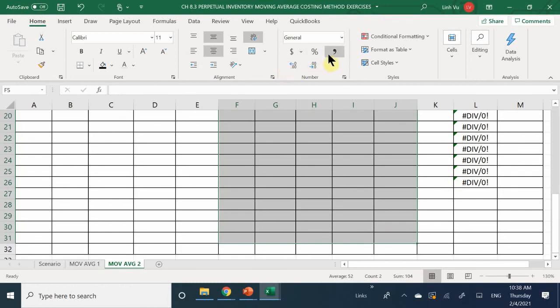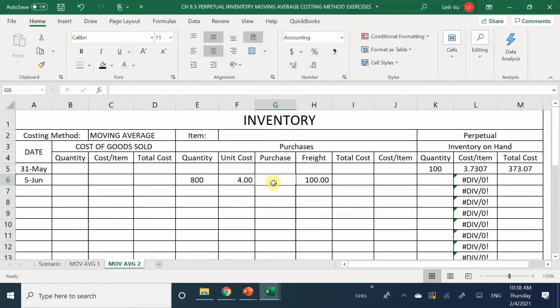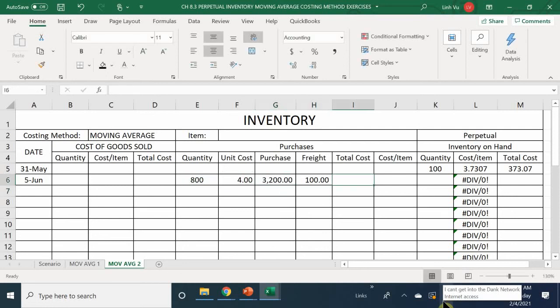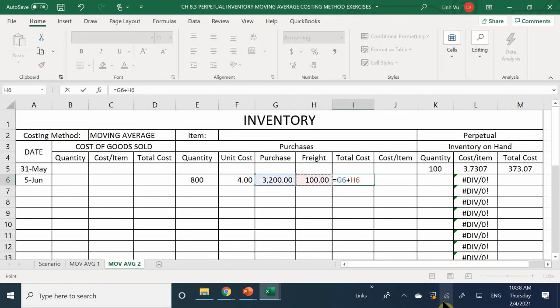Okay, so what is my total purchase price here? 3,200. Yes, 3,200. Good. Okay, and what is my total cost? 3,300. Now, because I have beginning inventory, what is my automatic assumption going to be?